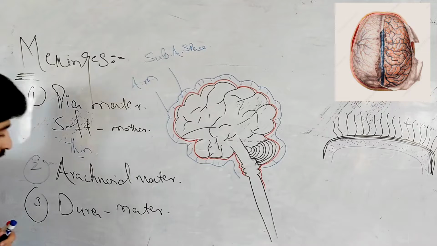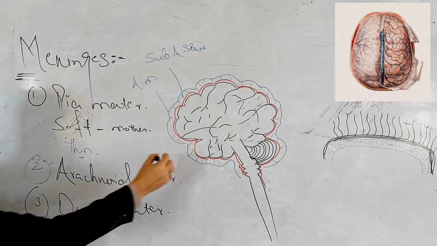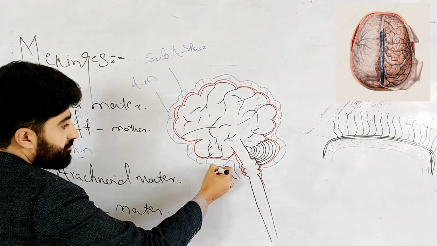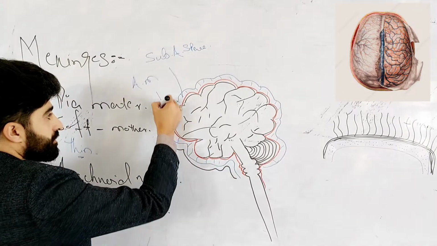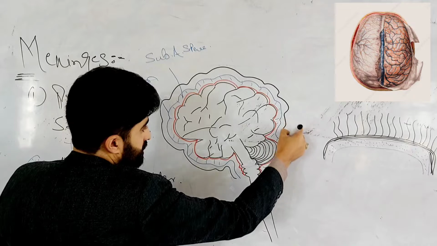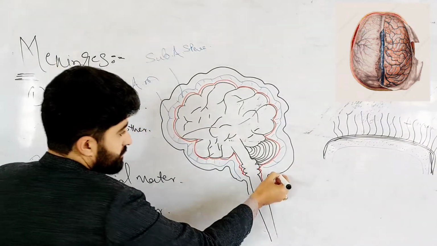Dura mater. Dura means tough, thick, hard. It's the outermost layer which is a very thick and very hard layer of the brain. This is the third layer which is called the dura mater.